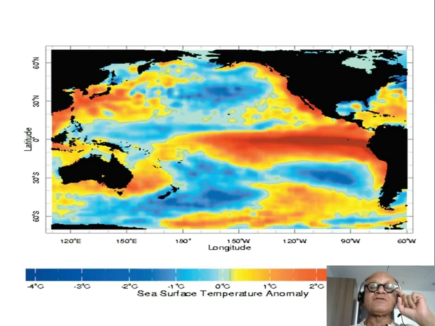This is from one of the strongest El Ninos of the time in 97-98. But if you Google, you will see that not all El Ninos get this strong, and there are also lots of details on how El Nino is changing because of global warming, whether the East Pacific is warming more than the West Pacific or less, and so on and so forth.